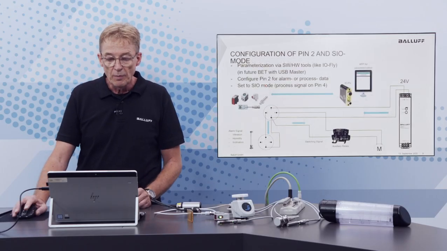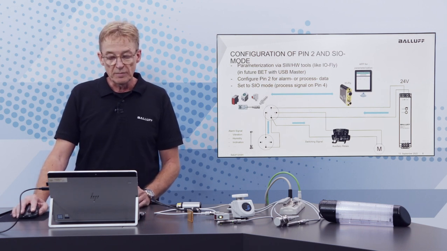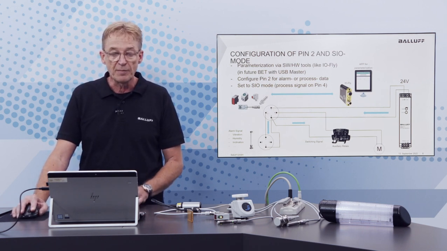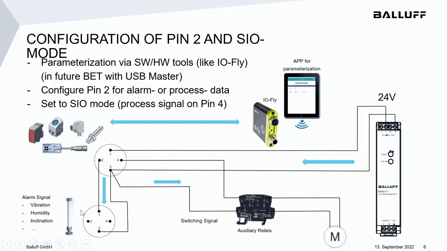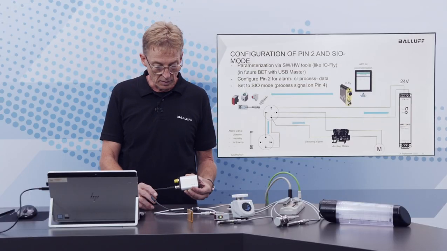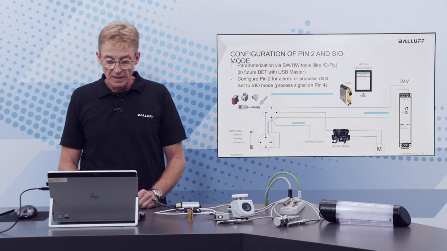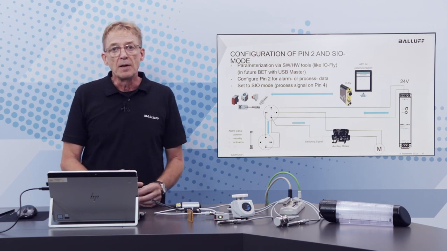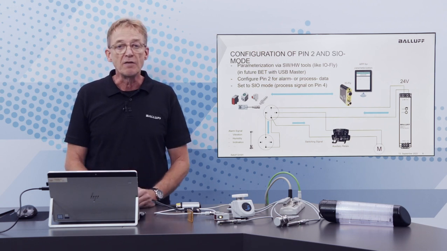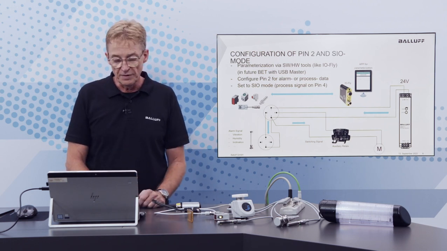And this time we will see that it's not only possible to take information from pin 2 and put it on a device, but also we can use the information on pin number 4 as well. For this we are going to use a configuration device, which is available in the market. This is called an IO Fly, and this device is intended to make configuration of IO-Link devices directly on the device itself.